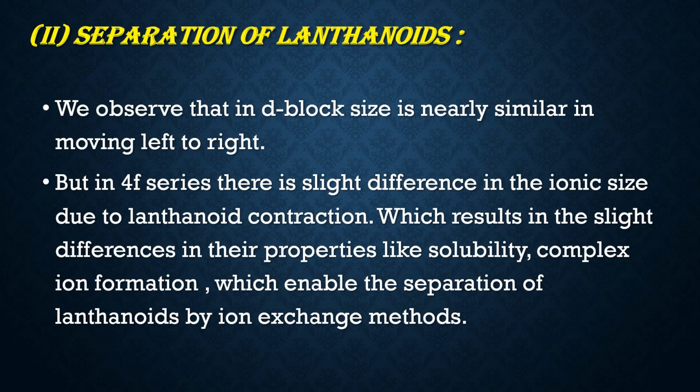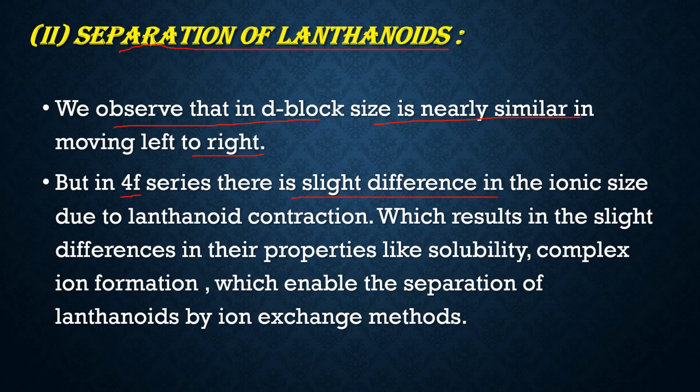Now the second consequence is that the separation of lanthanoids becomes possible due to lanthanoid contraction. Now we observe that in D block the size is nearly similar on moving left to right. That is why the separation of D block elements is difficult, because when size is similar their properties are similar. But when we move from left to right in the F block, the 4F series, there is a slight difference in the size.